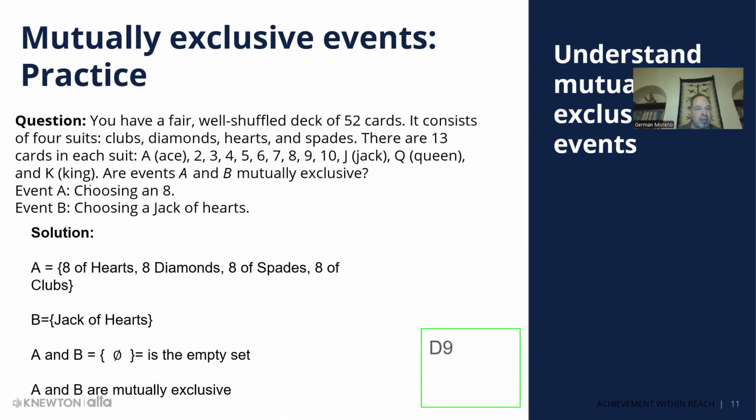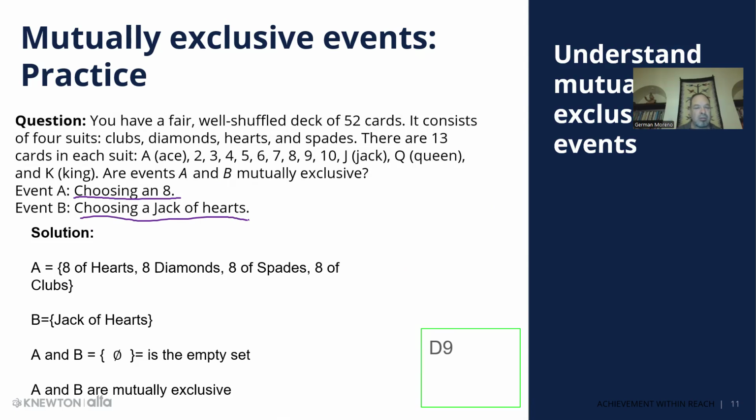So they're defining them this way, choosing an eight. So basically, it's a set. You could use a Venn diagram, but it's a set that has four things in it: the eight of clubs, eight of diamonds, eight of hearts, eight of spades. Okay, so they list that down here. And then the other one is choosing a jack of hearts.